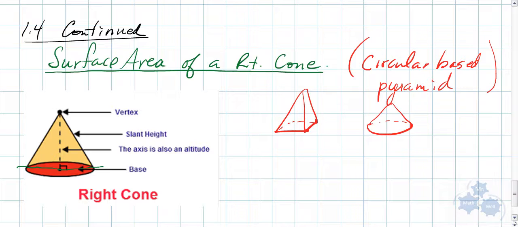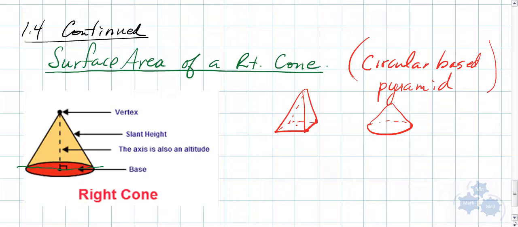Now the surface area of a cone is going to be a little tricky to calculate, because you see in a square pyramid we have a base, and then we have 4 sides, which are triangles. If you were to unwrap or cut apart a cone, you're not going to get 4 sides, right? All right, so I've cut out, really hastily here, a cone.